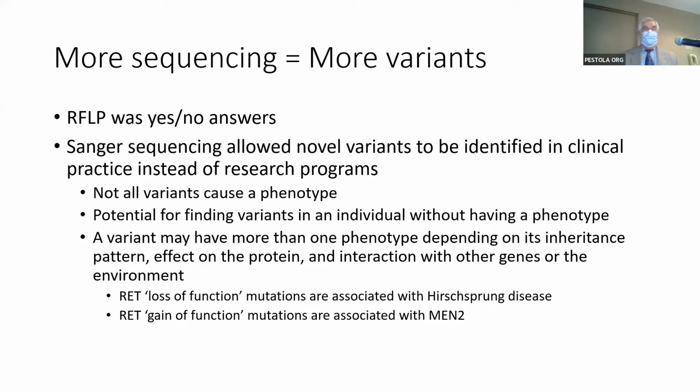Oops. Or you might have variants with more than one phenotype, more than one effect, and they may have other interactions. So a good example again, endocrine example, for RET, it makes a difference whether you have a loss of function mutation or a gain of function mutation. Because in one case, you can turf them to your colleagues in GI, case done, and in the other case, you've got to keep them and probably keep the whole family.